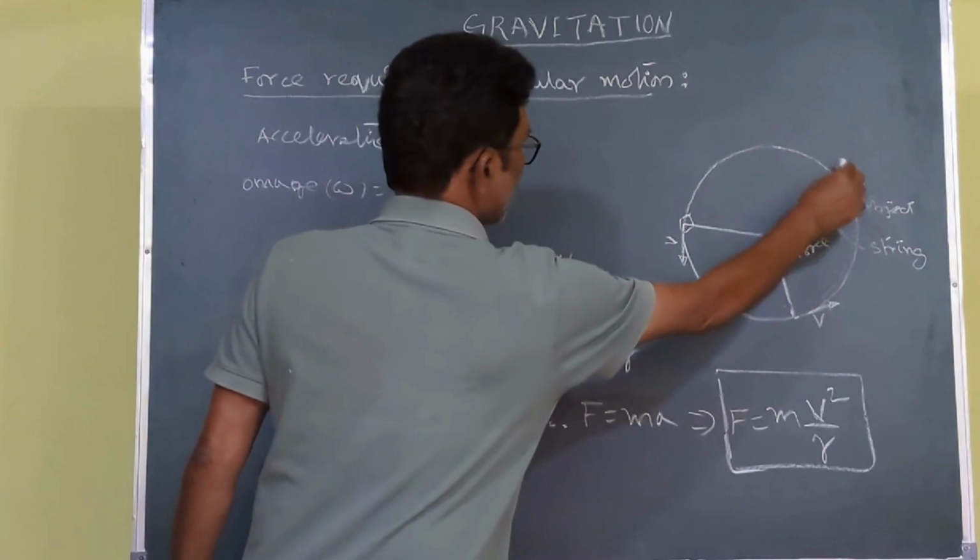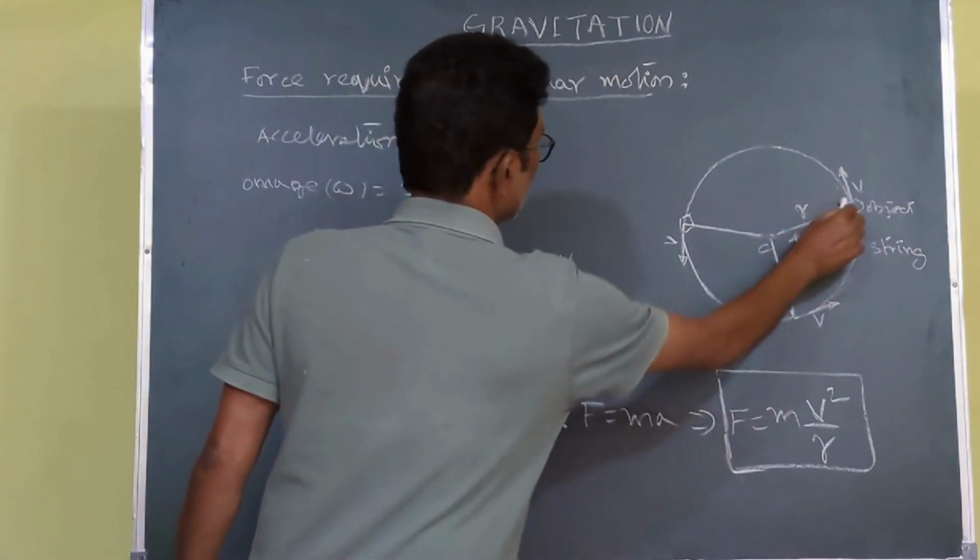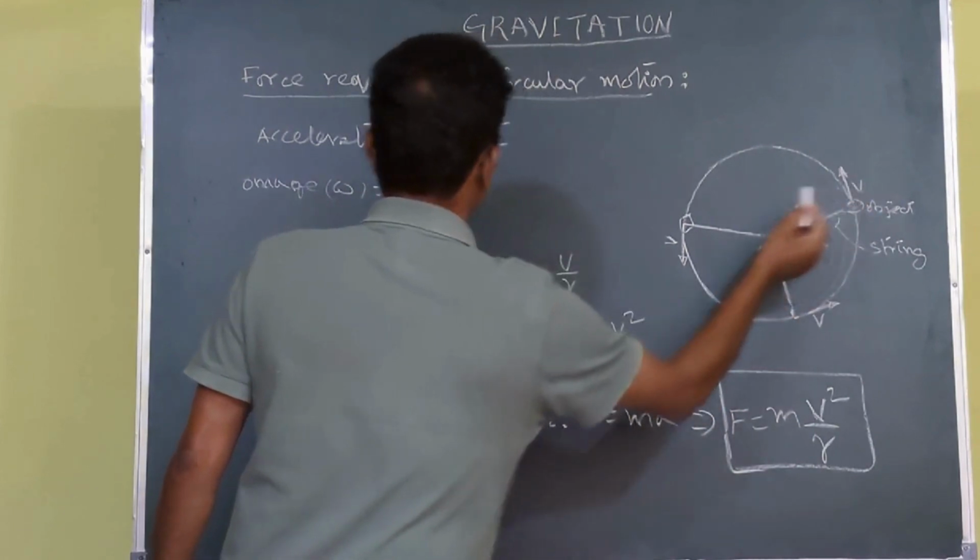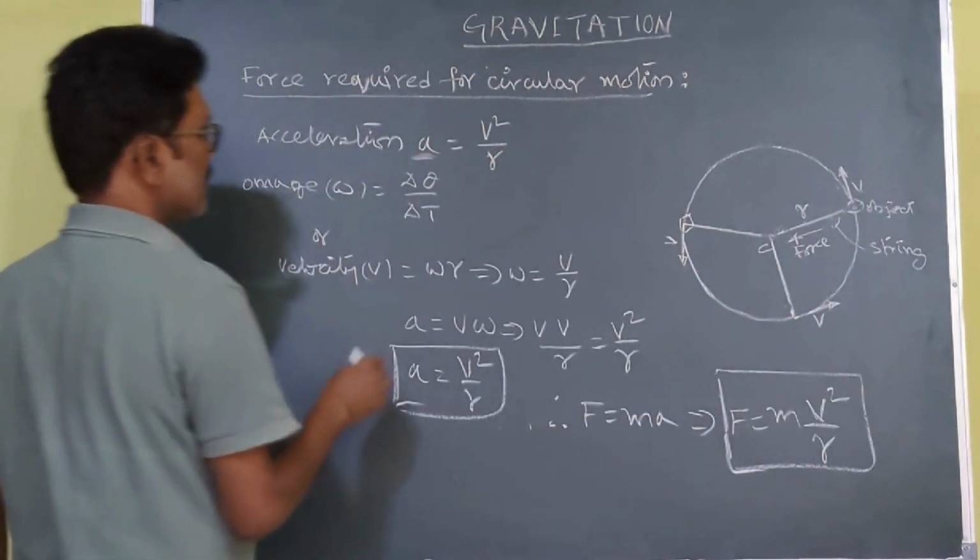Here v is the velocity of the object at that position, and r is the radius. How do we arrive at this in a simple way?